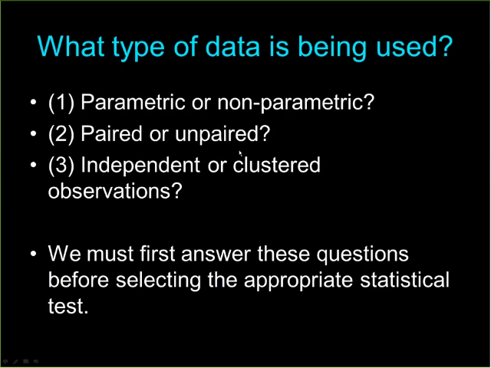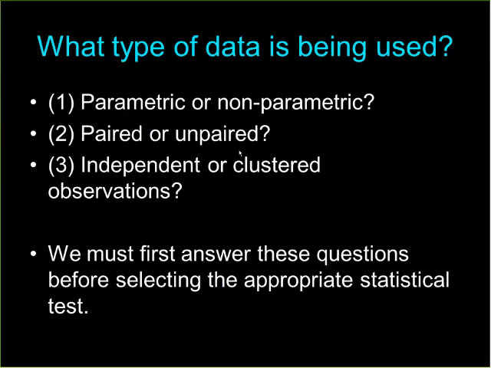All right, with that in mind, now I want to move further towards being able to pick the correct test to apply to our data. To select the test, we first have to understand the nature or type of data that we have for our given study design. Once we can characterize the data, then it becomes much simpler, as we'll see, to pick the test.